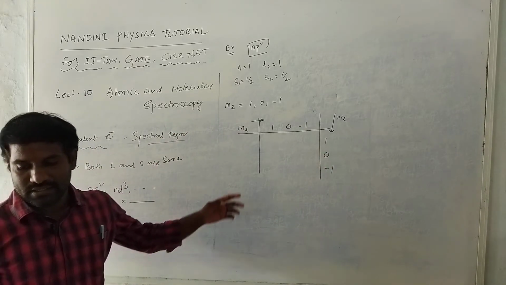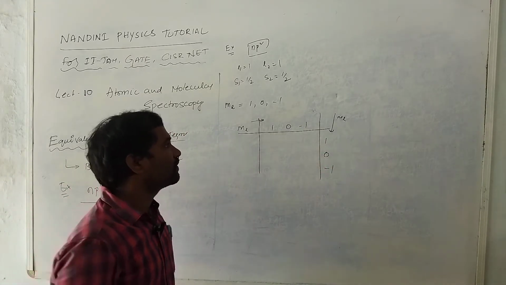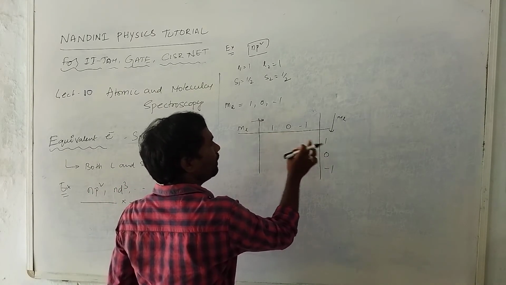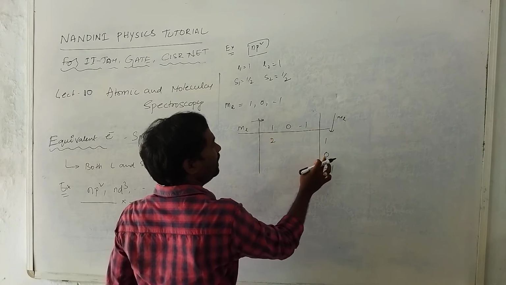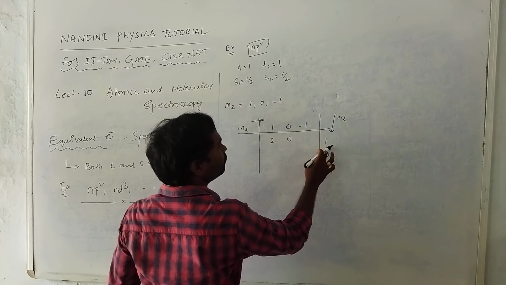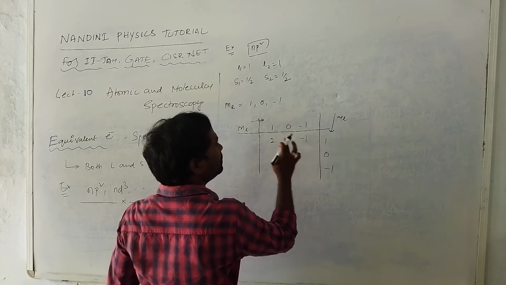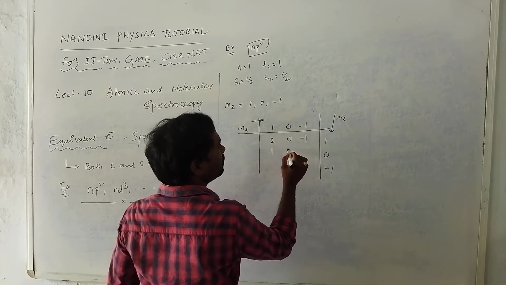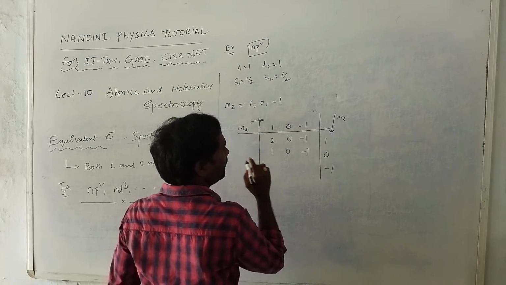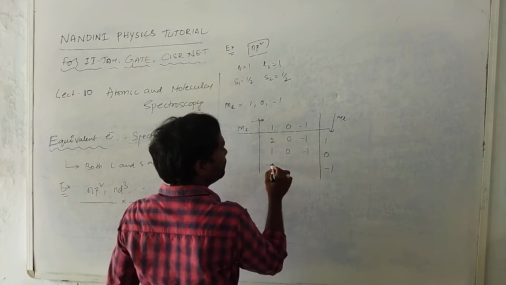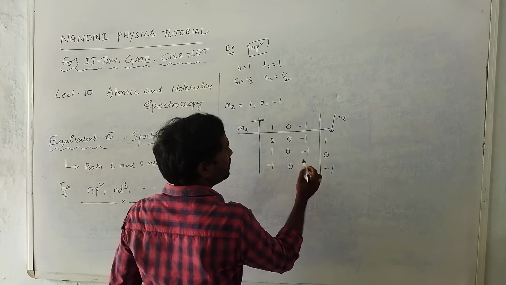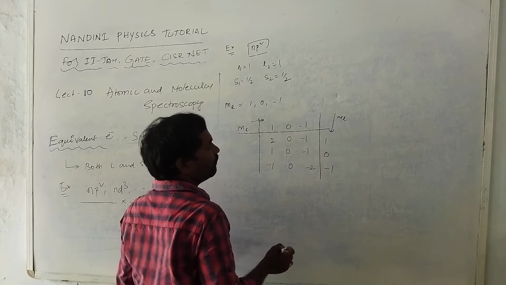So 1 plus 1 is 2. Similarly 1 plus 0 is 1, 1 minus 1 is 0. Similarly 0 plus 1 is 1, and so on, down to minus 1 and minus 2.